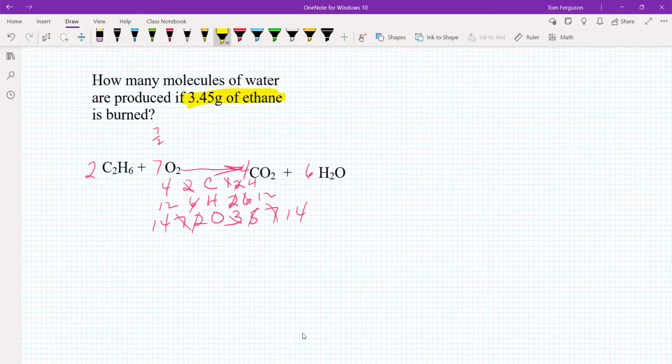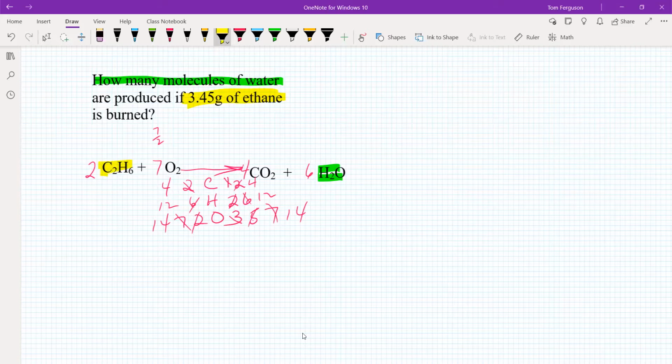That's what's given. Okay. What are we trying to calculate? Molecules of water. So what's germane to this whole thing is water and ethane. We don't care about the oxygen, the O2, or the CO2.